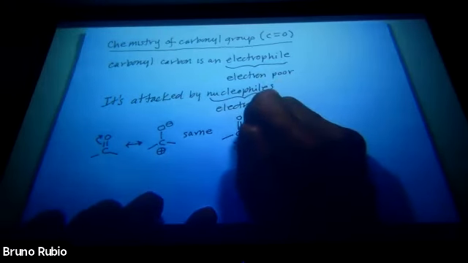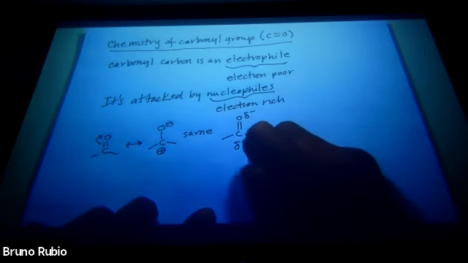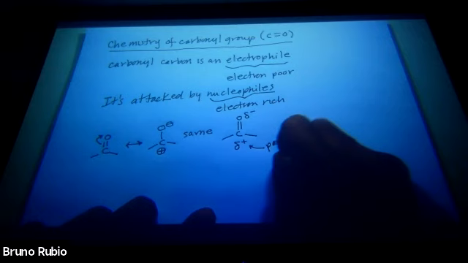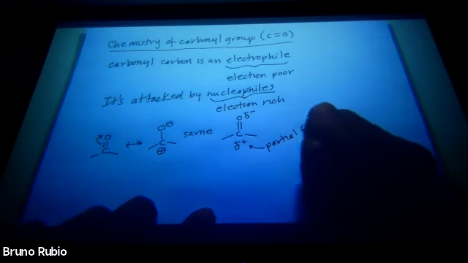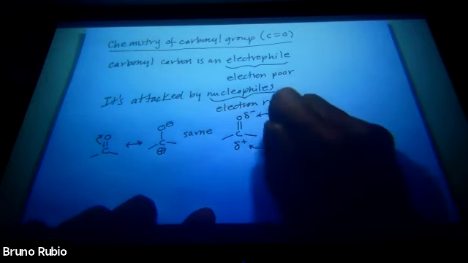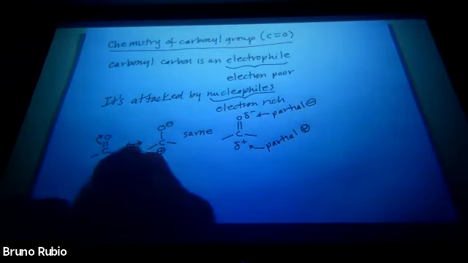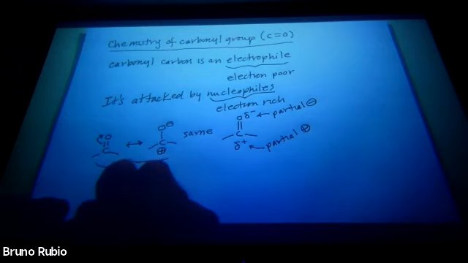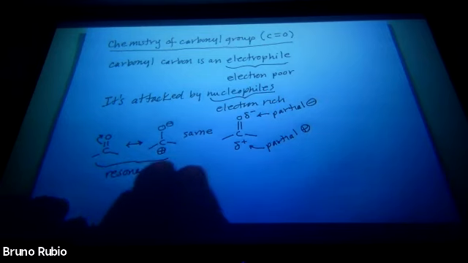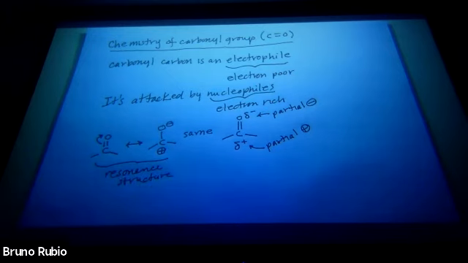And the carbonyl oxygen has a partial negative charge. So this symbol means partial positive charge, and this symbol means partial negative charge. And remember, we said that these were so-called resonance structures. They're simply indicating that oxygen is removing electron density from the carbon.